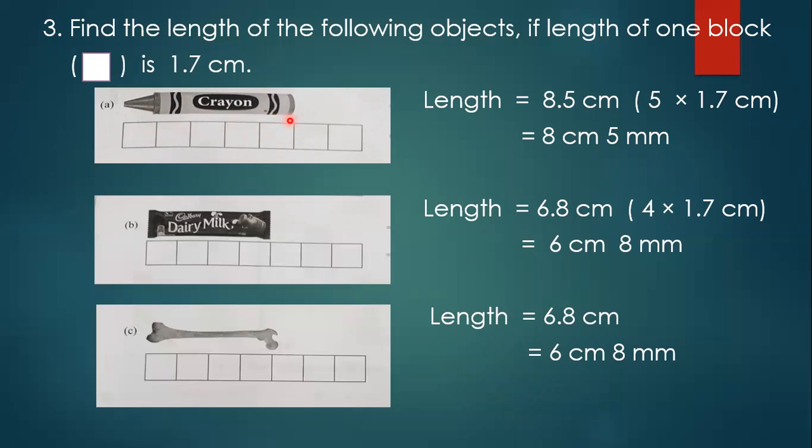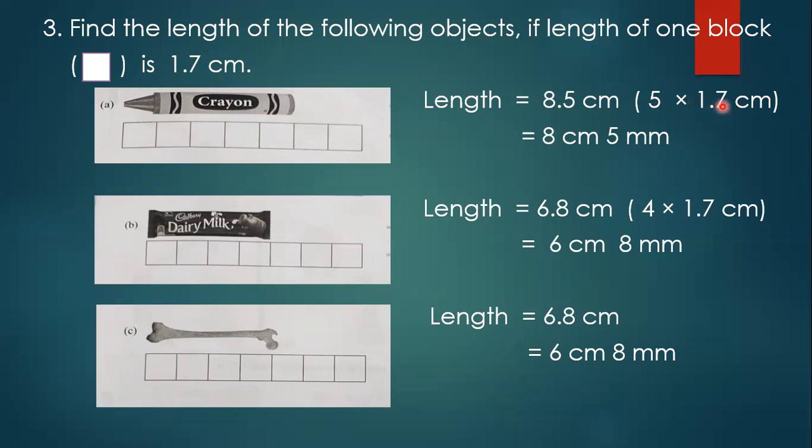5 blocks. And what is the measure of one block? One block is 1.7 centimeter. So the length of the crayon is equal to 5 into 1.7.